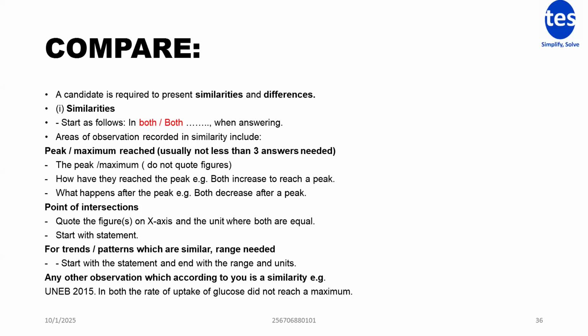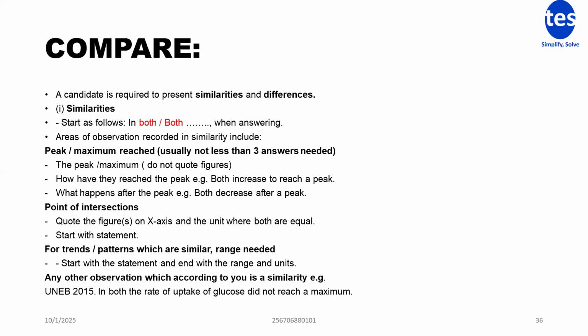But rather, you say they both have the equal concentration at 1 minute. Or they both have the same concentration at 1 minute. Or they both have a concentration of 19 point something at 1 minute.